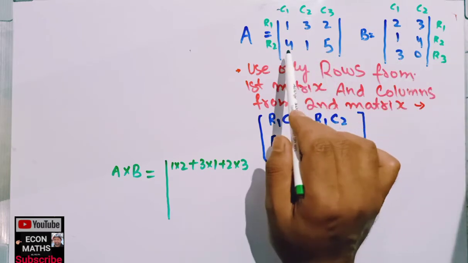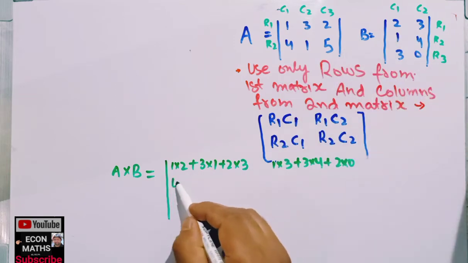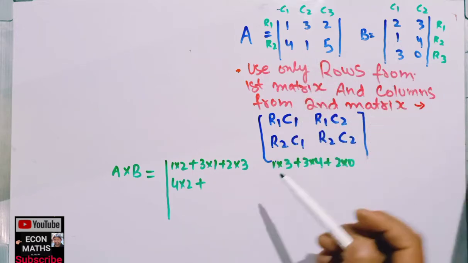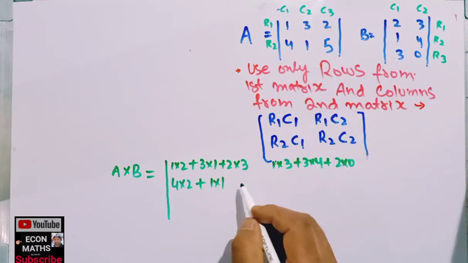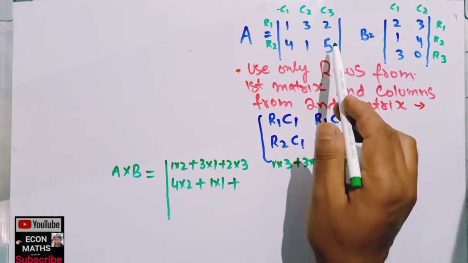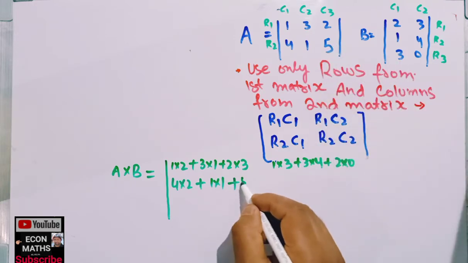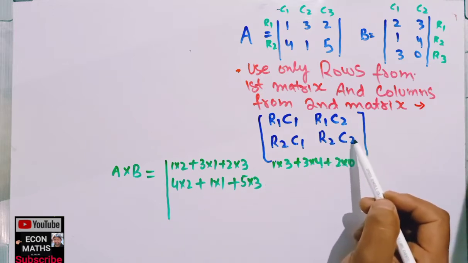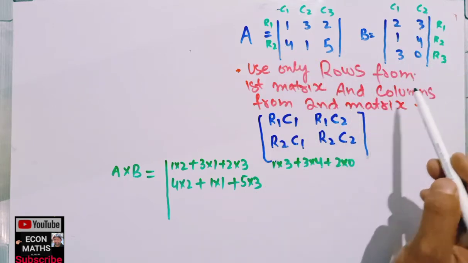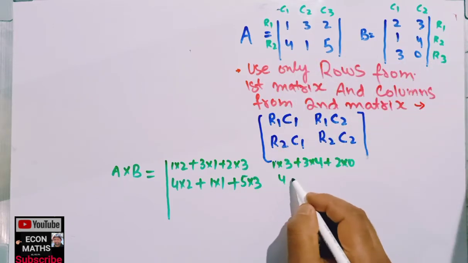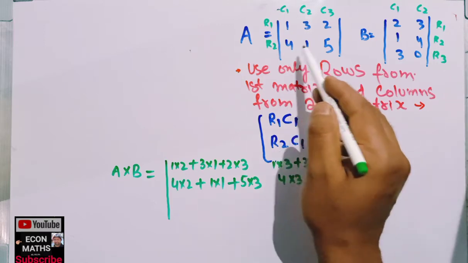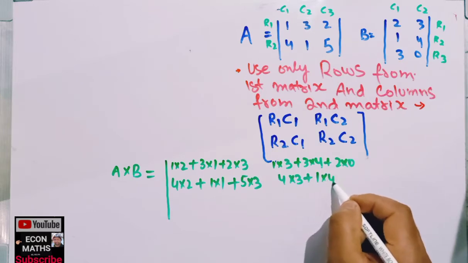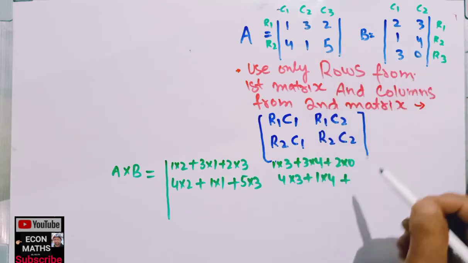So this will become 4 into 2, plus 1 into 1, plus 5 into 3. So this is the third element. Then R2 C2, row 2 and column 2. This is 4 into 3, plus 1 into 4, plus 5 into 0.